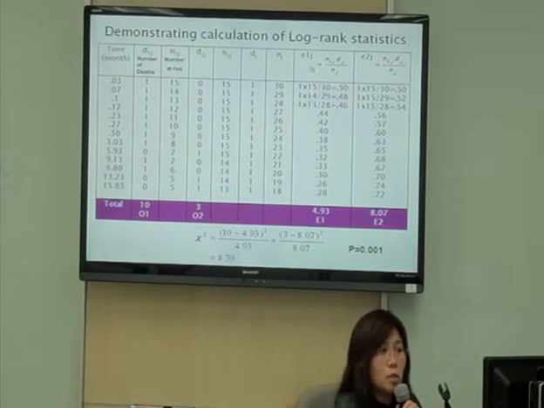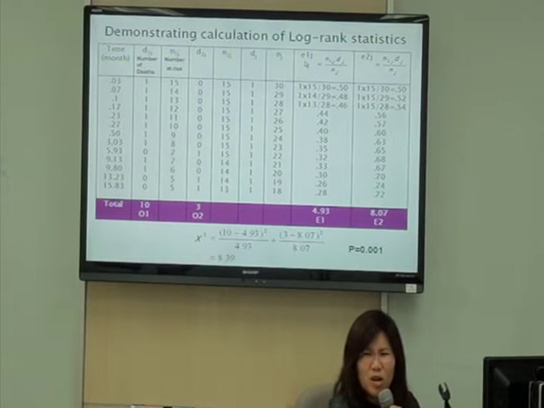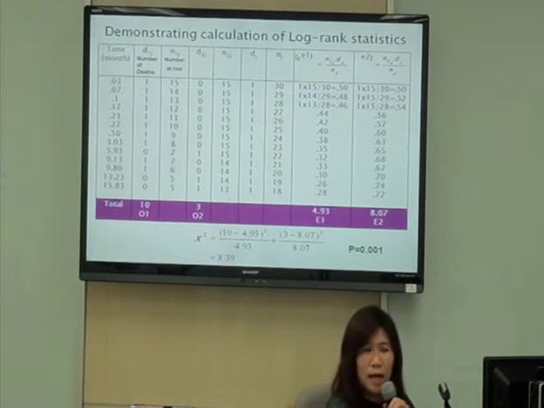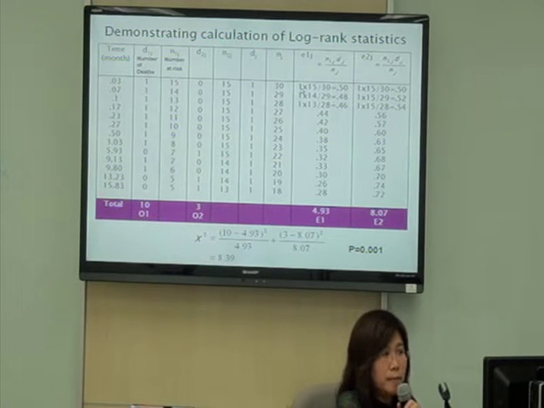So we use this population to calculate the expected, the same as when you calculate standardization. So E1j equals N1j times dj over nj, so N1 here.